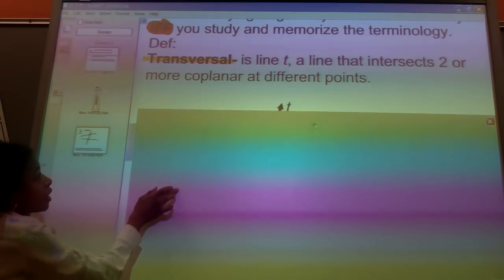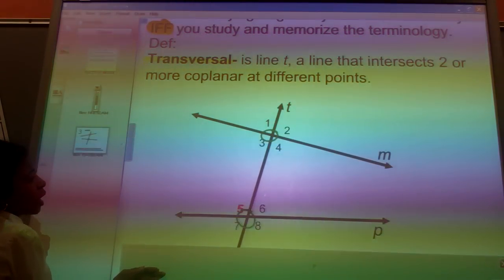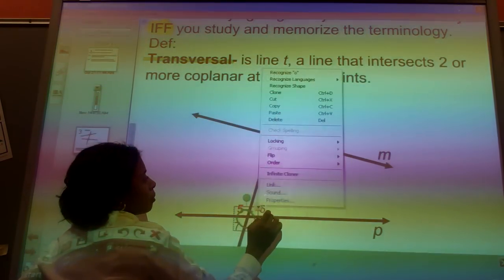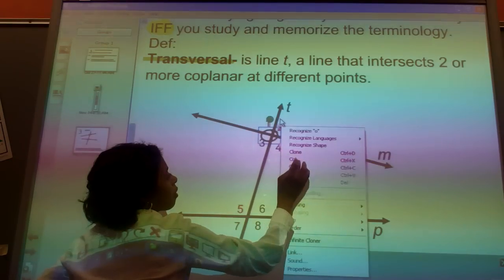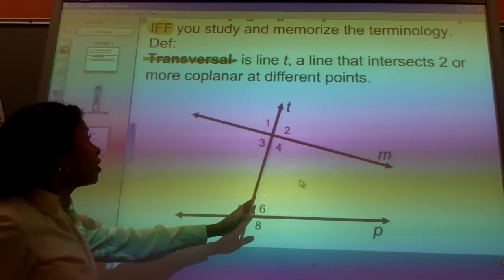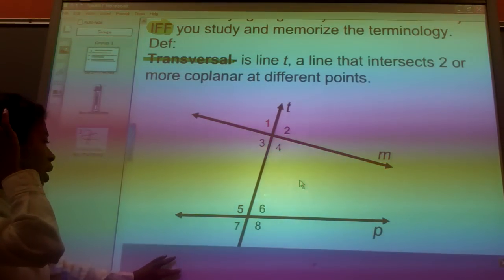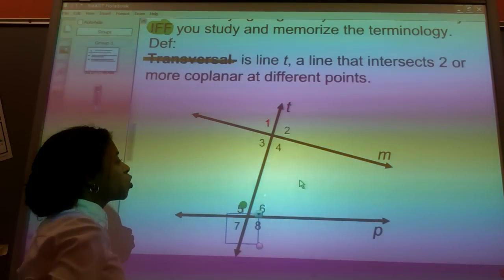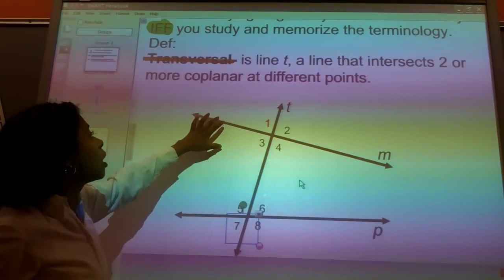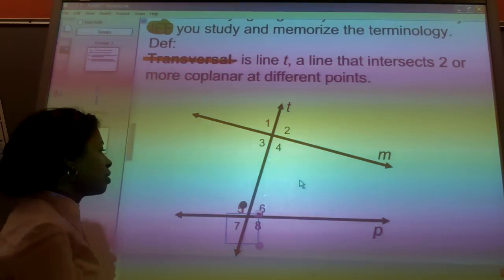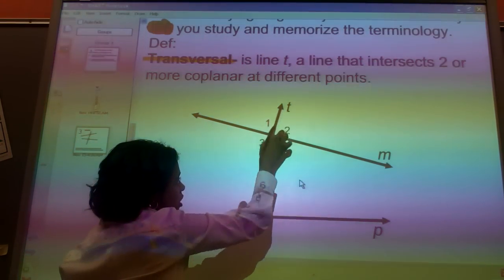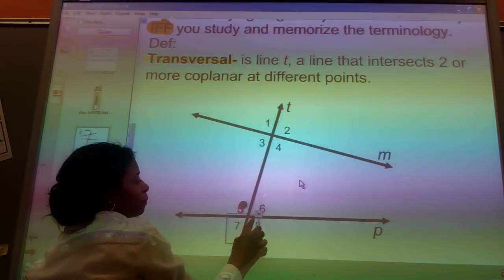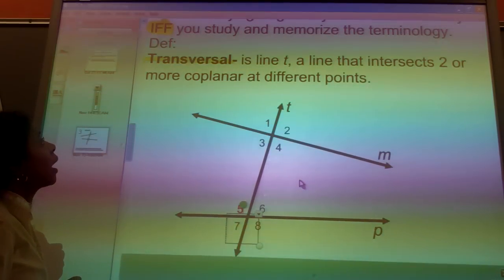If I have this diagram drawn like so, my transversal is line T. It's going to cut two coplanar lines. So line T is going to intersect line M at this point, and it's going to intersect line P at this particular point. Okay?